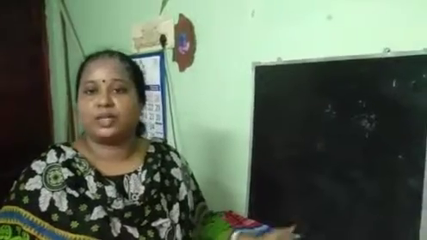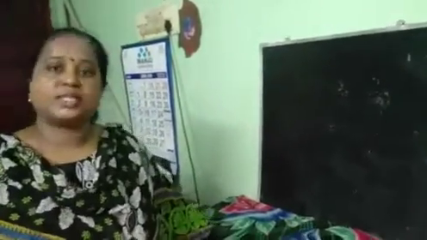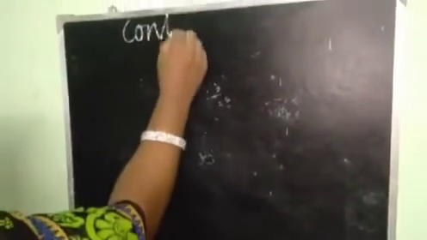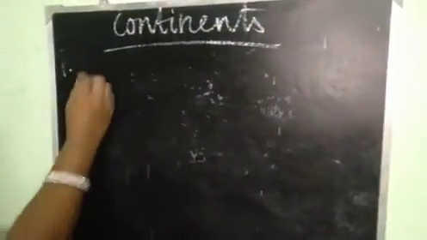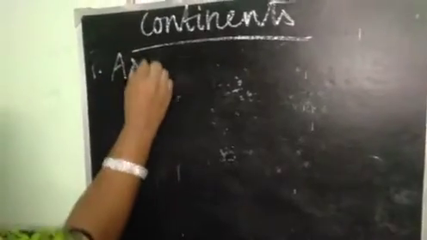Children, we learnt how to mark all the 7 continents on the world outline map. Let us see them in order according to size. Can you guess and tell the names of the continents according to size? First comes Asia.